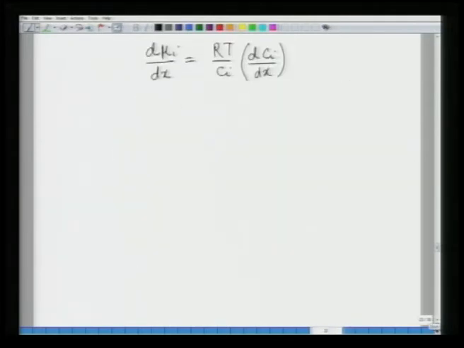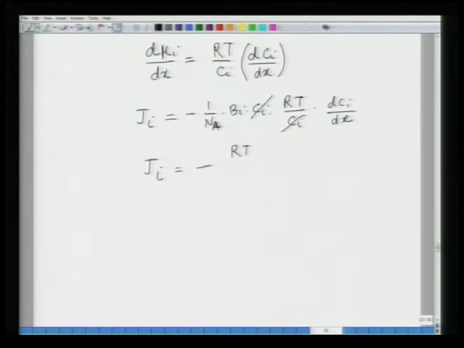So, what we get now is the expression for Ji is minus of 1 by Na into Bi Ci into RT by Ci into dCi by dx. Ci will cancel each other, and what you will get is minus of RT by Na into Bi into dCi by dx.